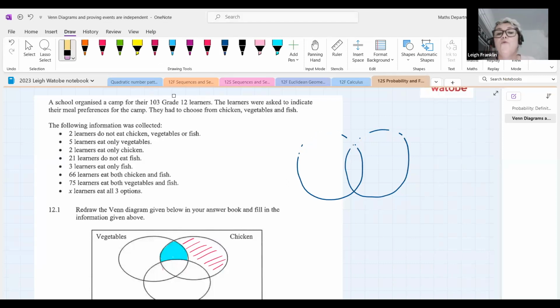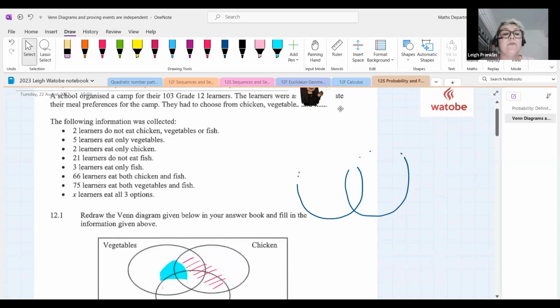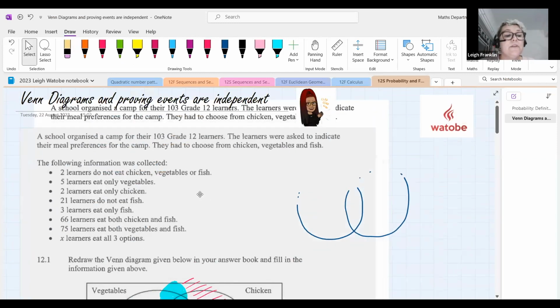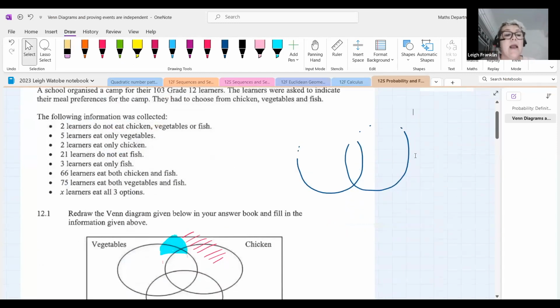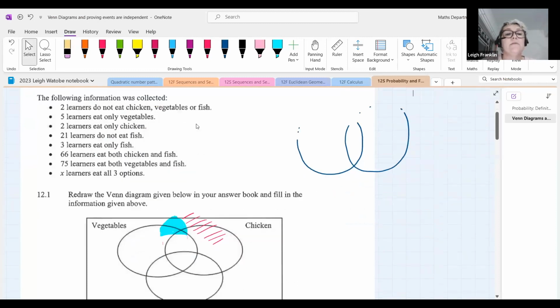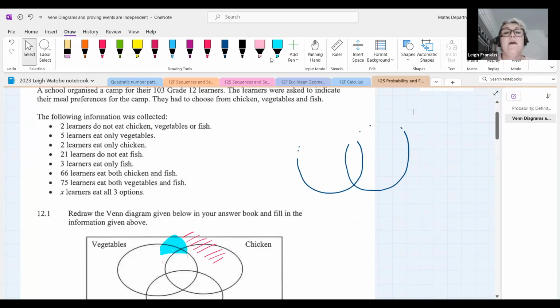Okay, so draw a Venn diagram for yourself. I'll make this information just a little bit bigger so that you can see it okay. There we go. I'll just move it down. There we go. Awesome. Okay, so you try this question and let's see how it goes.